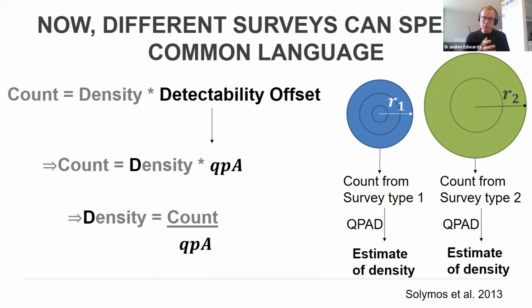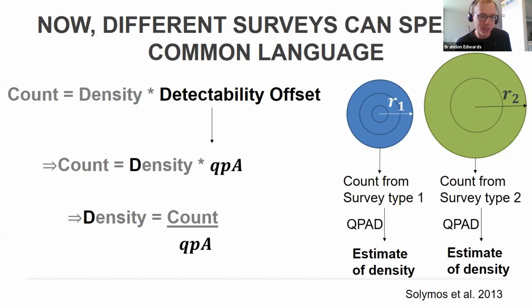And then that estimate of density would effectively be speaking the same language as an estimate of density produced by another survey protocol that might take into account different length of time for surveying, different distance. So the key here is, as long as we have the covariates available, and as long as we have information about the survey protocol, we can estimate the density.